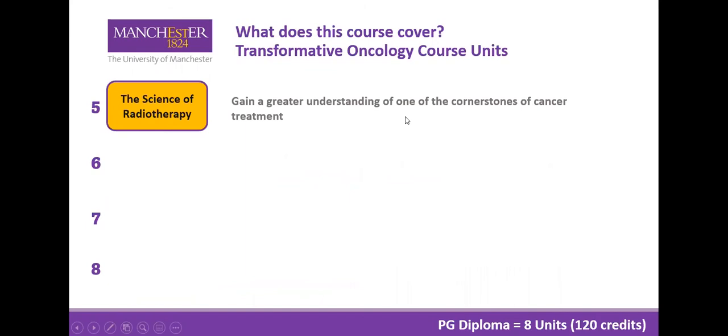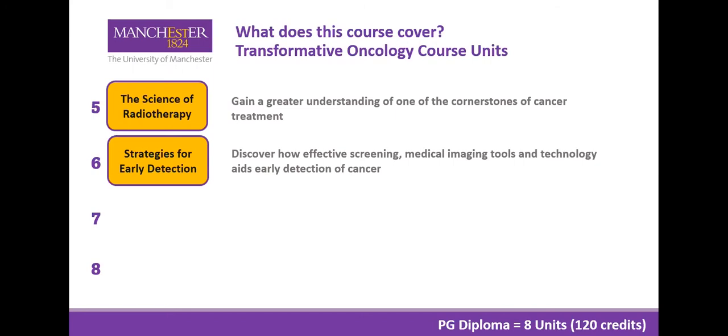So it's really gaining an understanding of one of the cornerstones of cancer treatment. Then we move on to strategies for early detection. And here we start to discover really how effective screening mechanisms and the use of medical imaging tools and technology can really emphasise the advances in early detection of cancer.